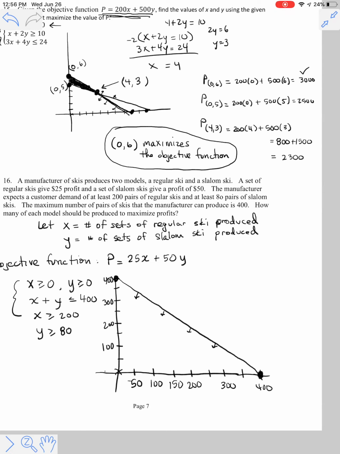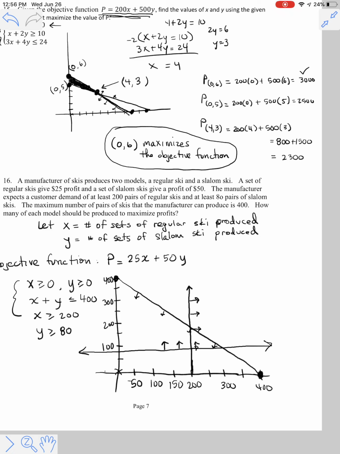X is greater than or equal to 200 is a vertical line. And greater than or equal to means to the right, so I'm shading to the right of this one. And then y is greater than or equal to 80 is a horizontal line going through 80. And greater than or equal to means above.